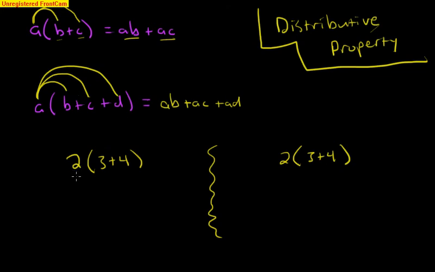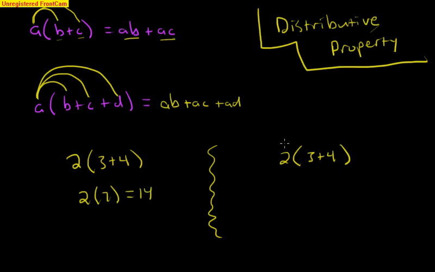So if we apply to numbers, we could take 2 times the quantity 3 plus 4. Now the old way of doing this, nothing wrong with doing it this way. In fact, in this particular problem I think it's probably easier. But you would say, okay, let's follow order of operations and say 3 plus 4 is 7, so we'd have 2 times 7. That equals 14.